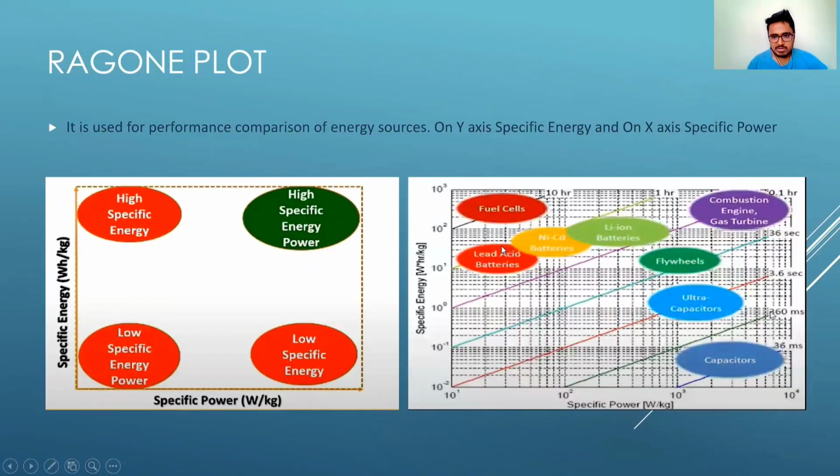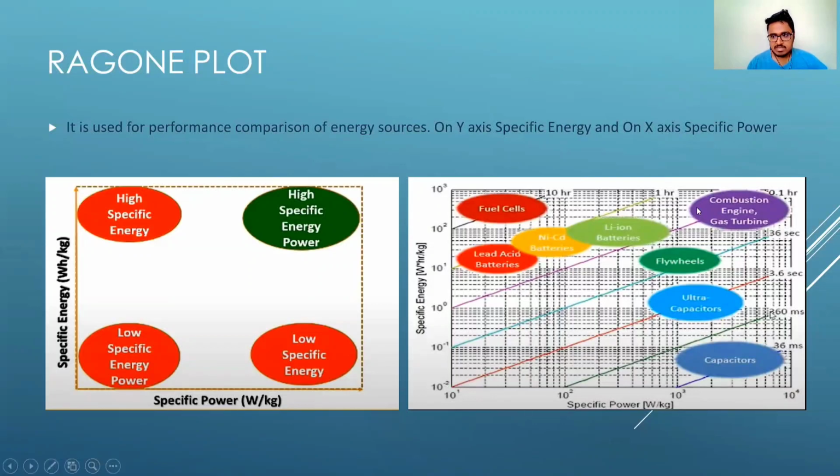This Ragone plot compares different types of sources by specific power and specific energy. A fuel cell has a high specific energy but low specific power, whereas a lead acid battery has a low specific energy and low specific power. Coming to a battery with a combination of nickel cadmium and lithium ion, it has a not desirable specific power and specific energy.